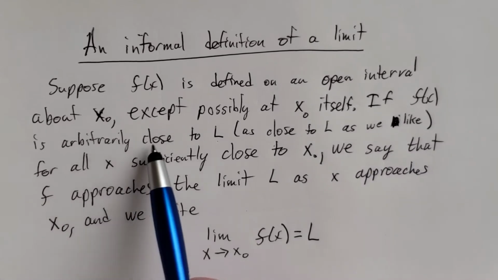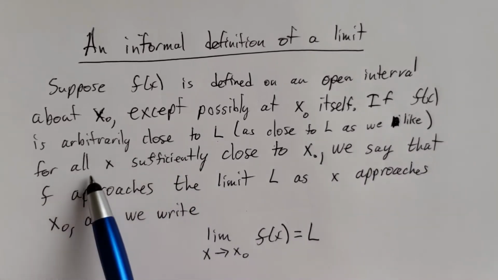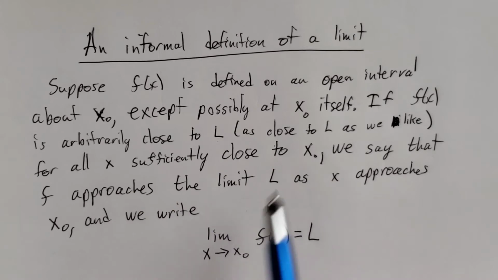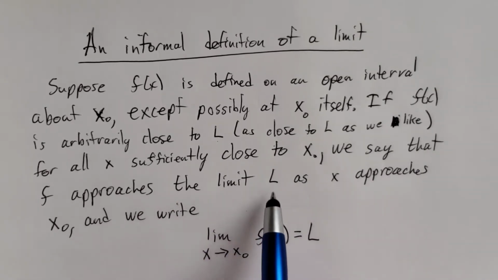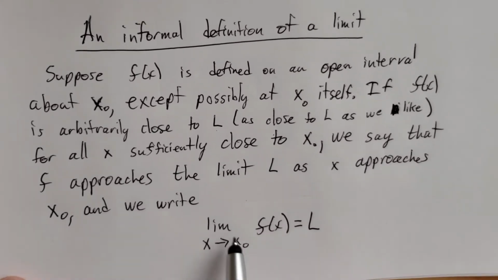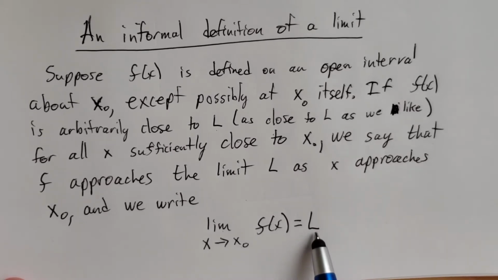If f of x is arbitrarily close to L for all x sufficiently close to x naught, then we say that f approaches the limit L as x approaches x naught, and we write this, which we read as the limit as x approaches x naught of the function f of x is equal to L.